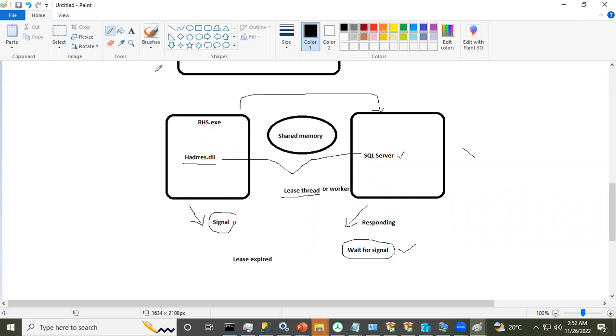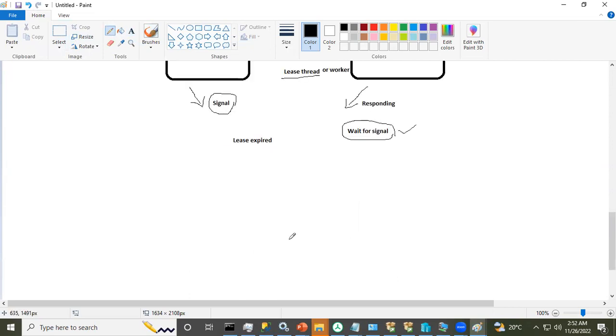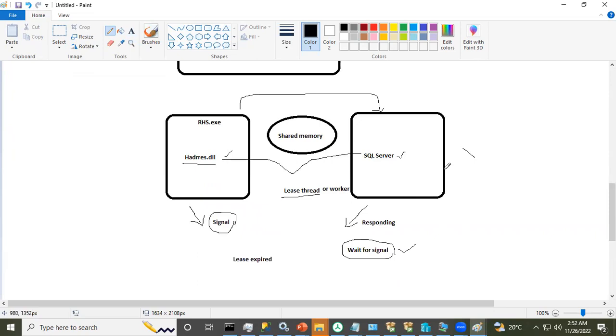If either of these two is not responding within the lease time, then we consider the lease expired. In other simple words, the lease timeout is a heartbeat between your cluster resource DLL and the SQL Server. You can use this simple answer in an interview.